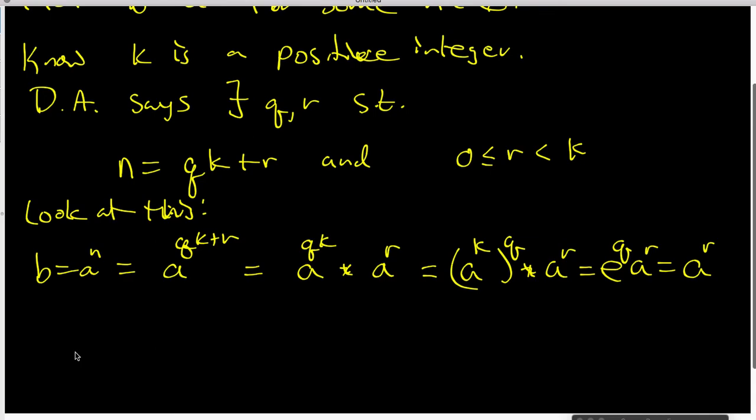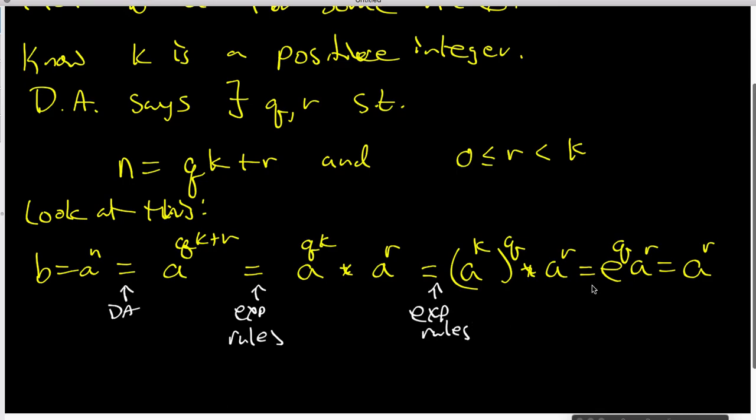And I want to justify each of these things very briefly. This is the division algorithm. This equality is exponent rules in groups. This is more exponent rules in groups.